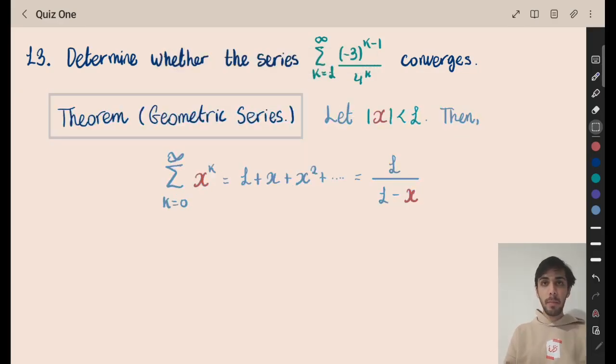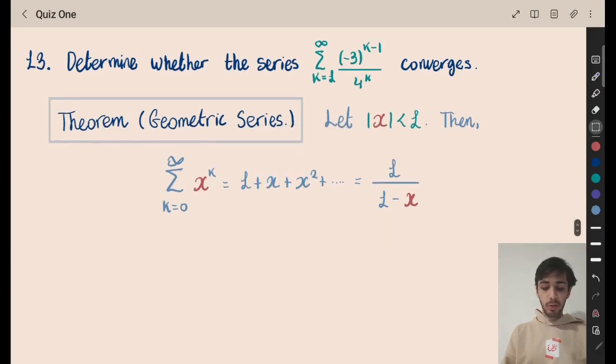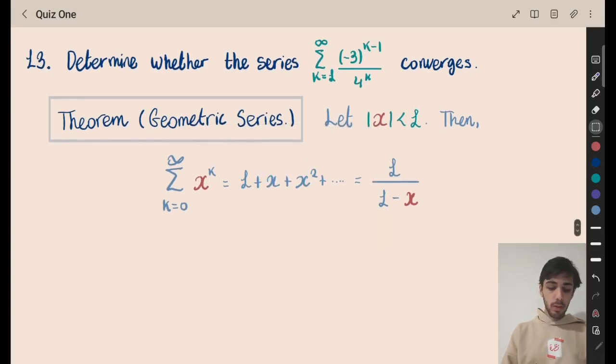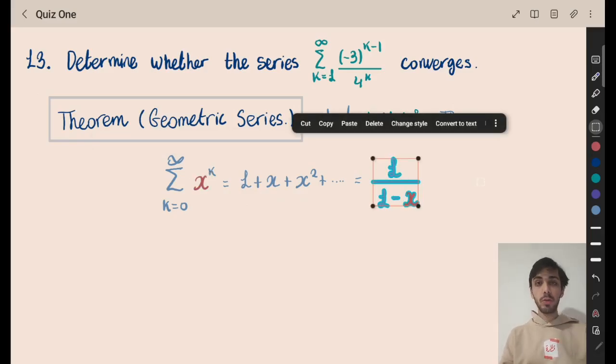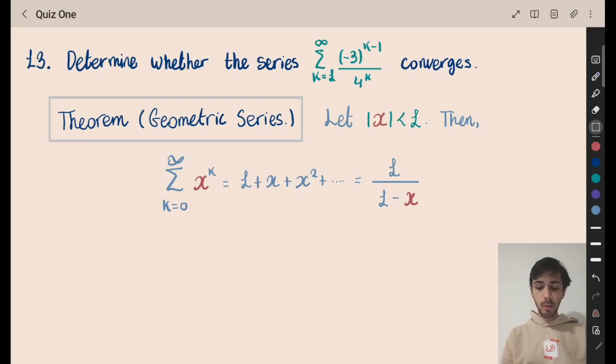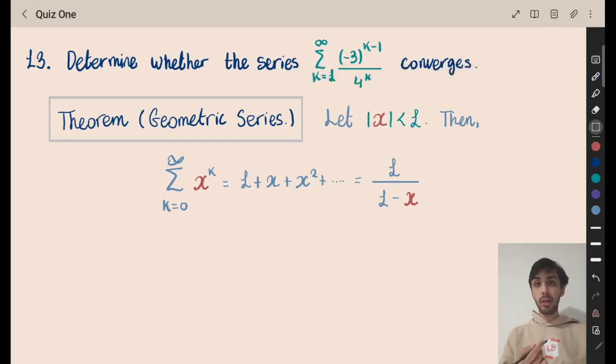This is the theorem, and it talks about the sum of terms, and you have a multiplying factor, and this is the eventual formula. Now, under the assumption that it converges, this means that the absolute value of the ratio is less than 1.